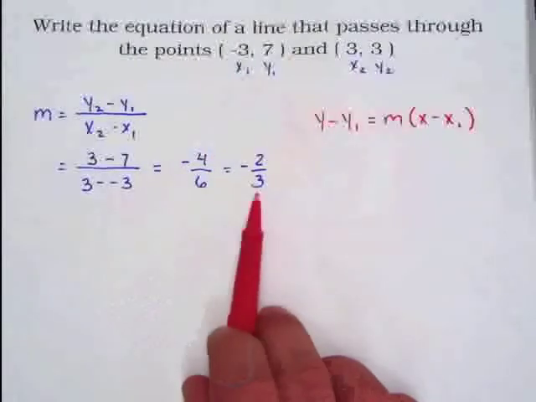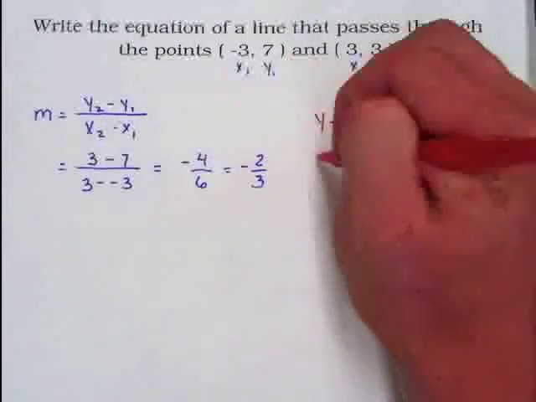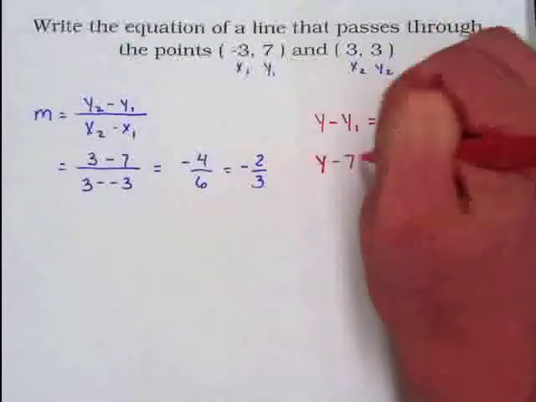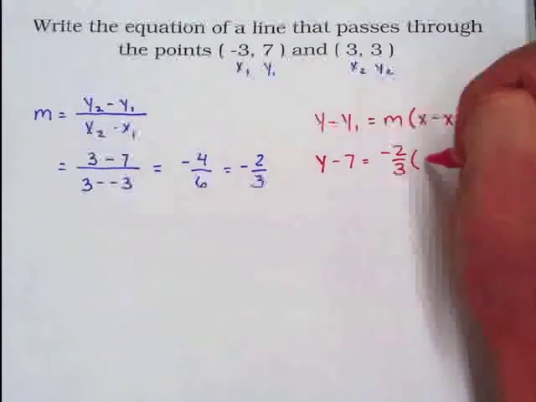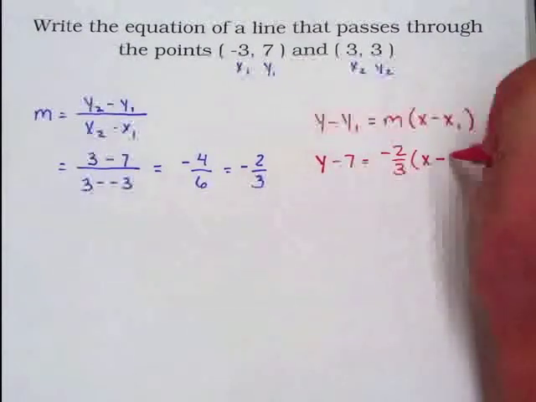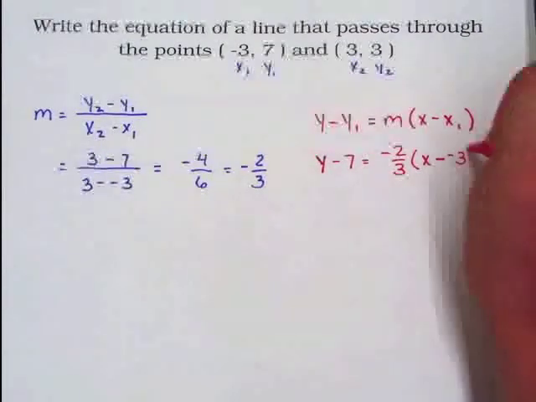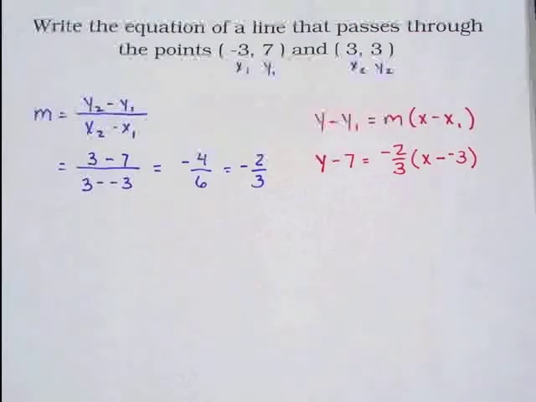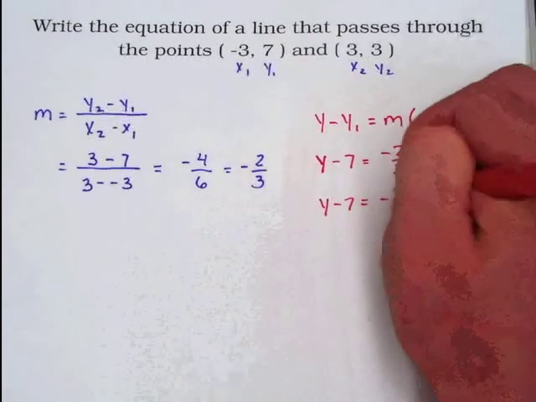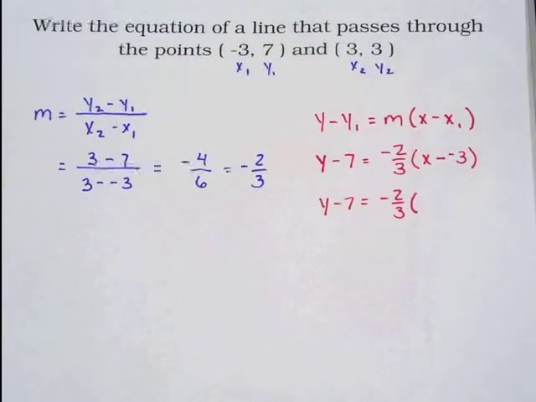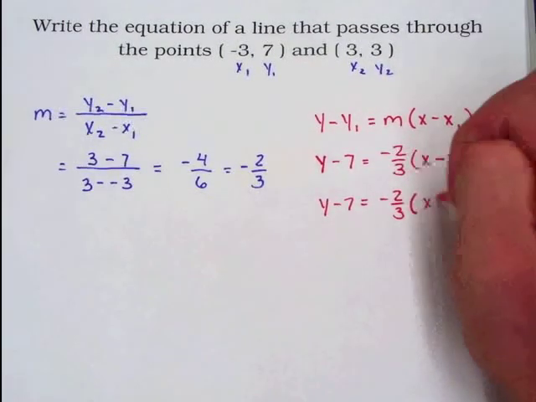For the m, I will put my calculated slope. Y minus 7 equals negative 2/3 times x minus negative 3. To simplify that just a little bit further, y minus 7 equals negative 2 over 3 times x minus a negative 3 is just really x plus 3.